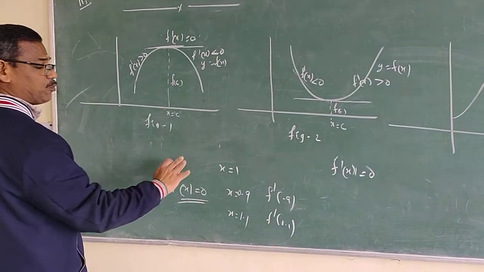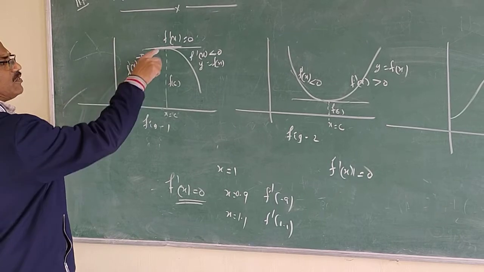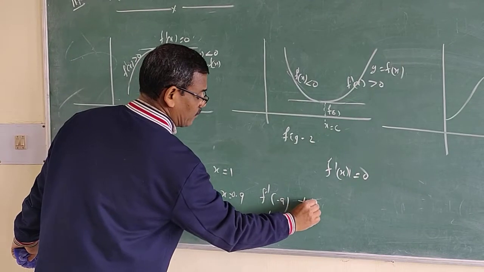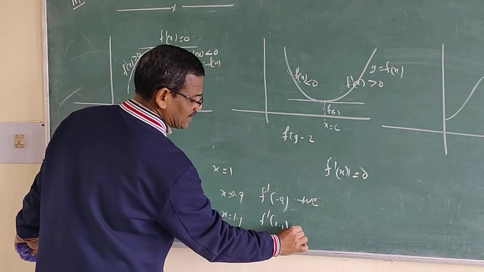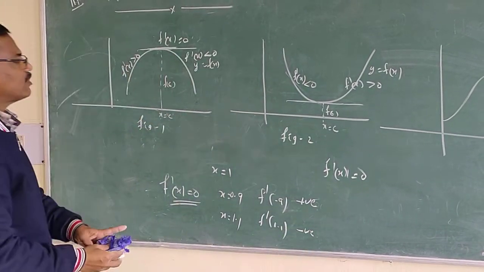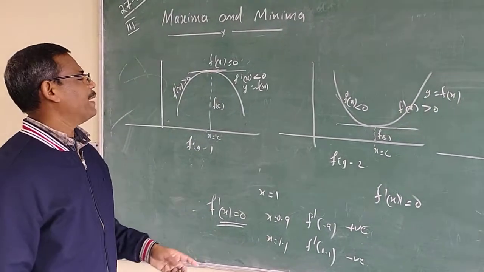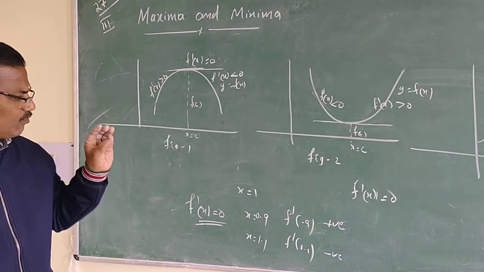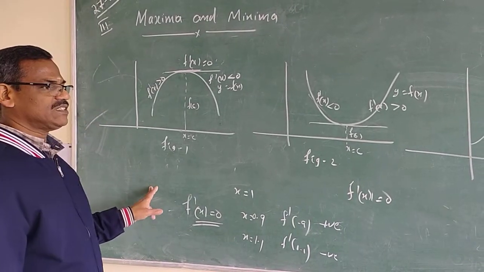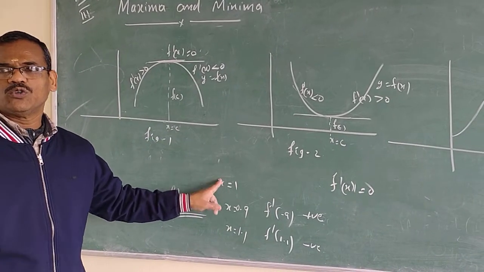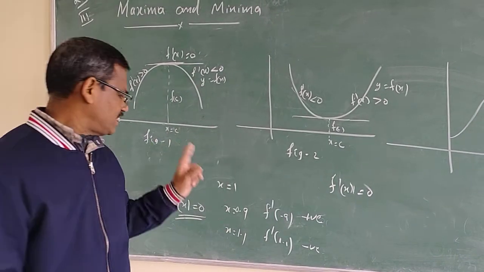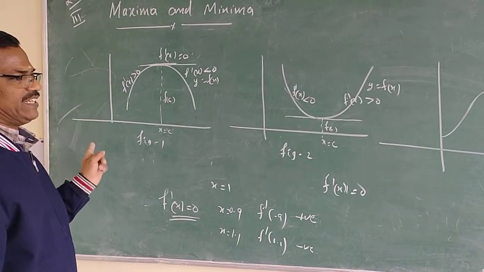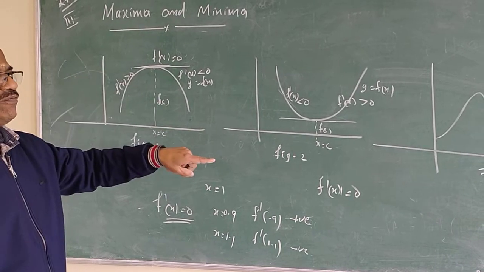So f dash 0.9 is the left side of the turning point. If on the left side f dash is positive and on the right side it is negative, then we can call that point the maximum point. So the working rule to be adopted is: find f dash x and equate it to 0, you get the turning point, and take the left side of the turning point, find f dash, right side of the turning point, find f dash.